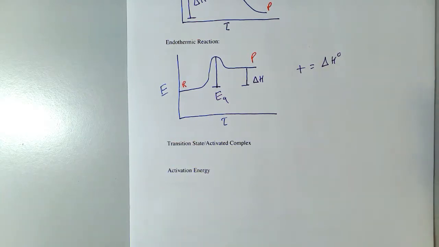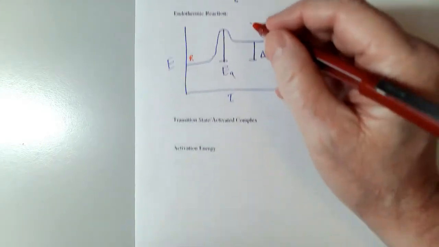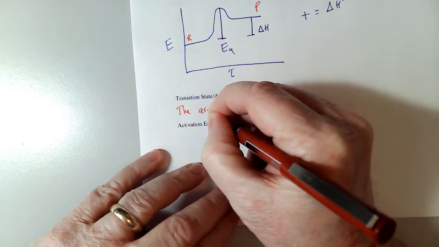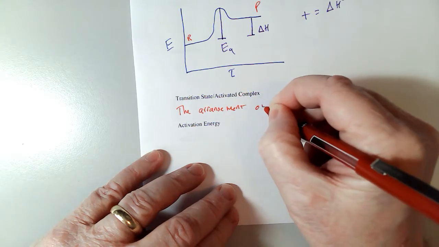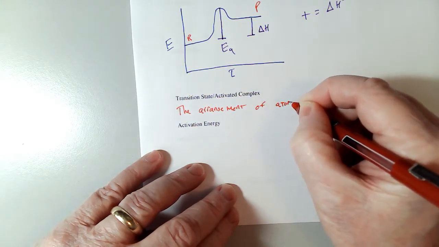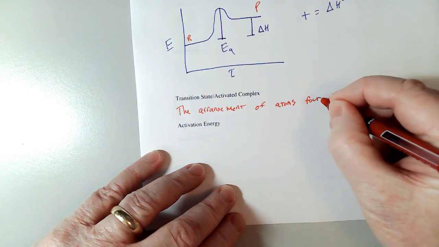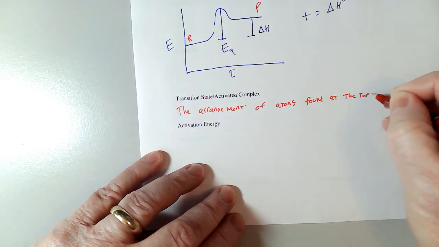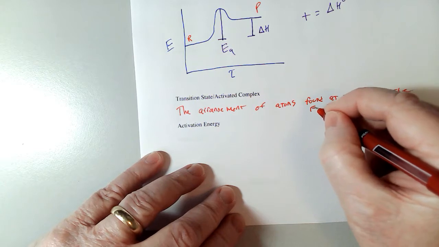Okay, so those hopefully are somewhat review. The transition state up here at the top of the barrier, sometimes called the activated complex, is the arrangement of atoms found at the top of the energy barrier.